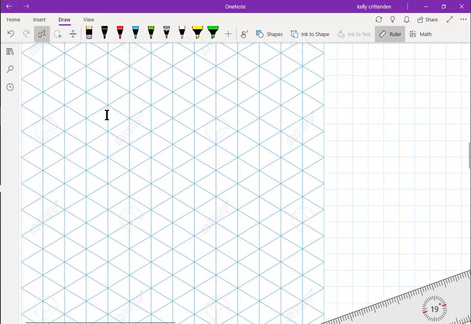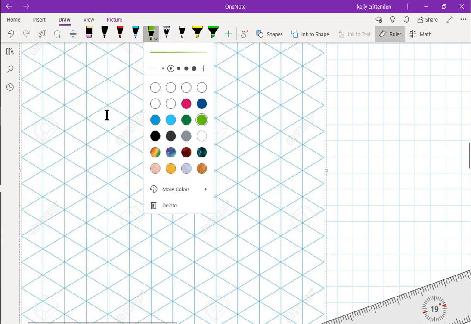And the isometric grid is set up so that you can draw things in kind of a 3D perspective, but they are going to have equal measure. So they won't look quite right. They don't have any perspective in them, so there's no vanishing point, but you can actually draw shapes where, if you measure one length, like if I'm drawing a 3 by 3 by 3 cube, let's make this a big one to stand out.